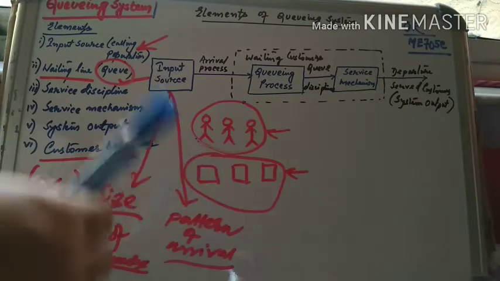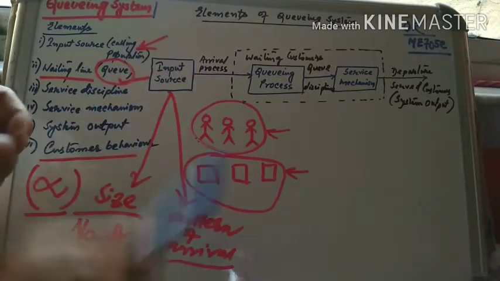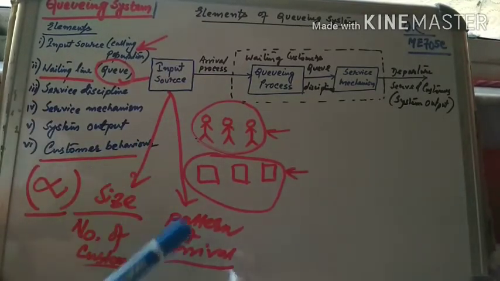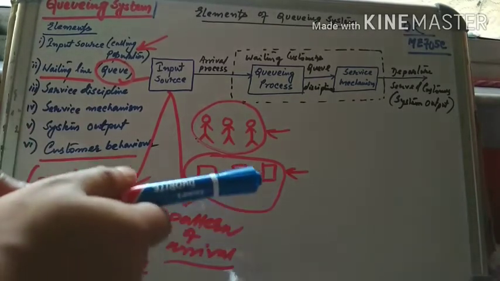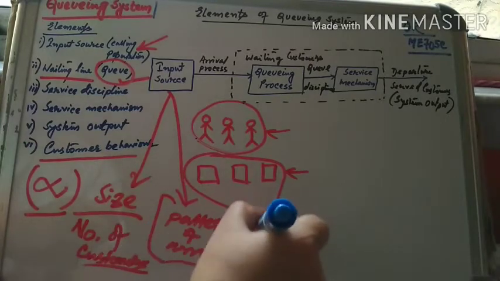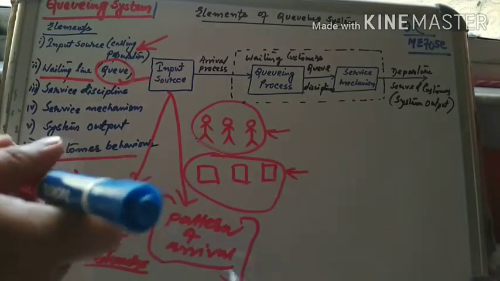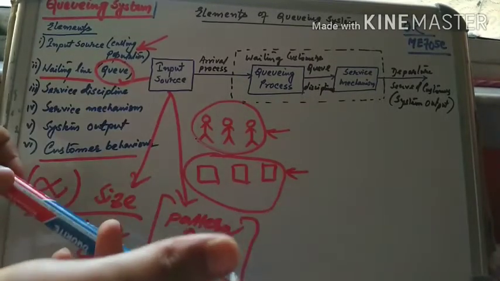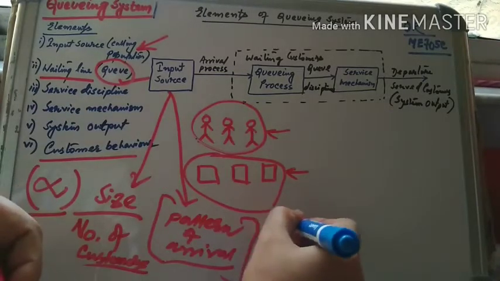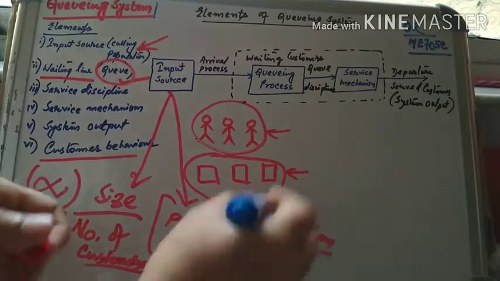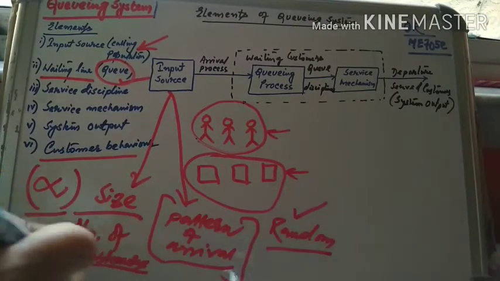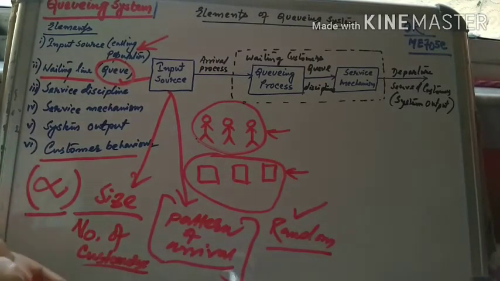Next, the arrival. The arrival of the customers may either be constant or random. We don't know. Most arrivals in a service are at random times. You don't know whether it is going to be random or in a certain pattern, but we assume it to be random.